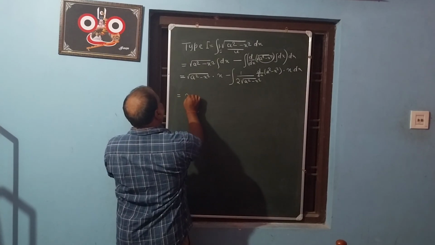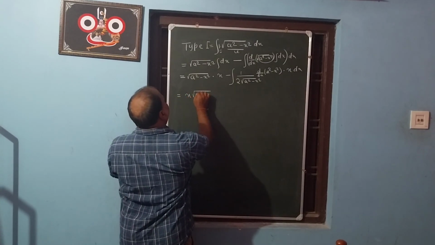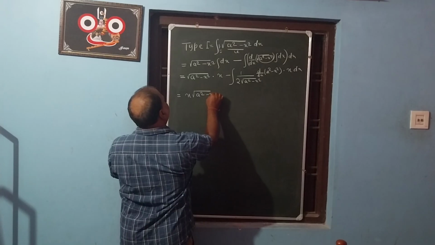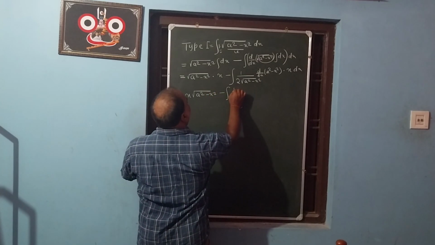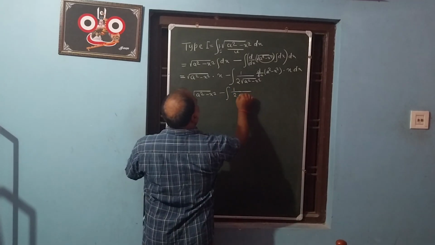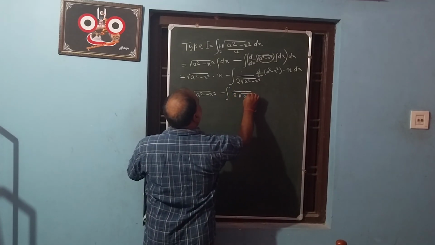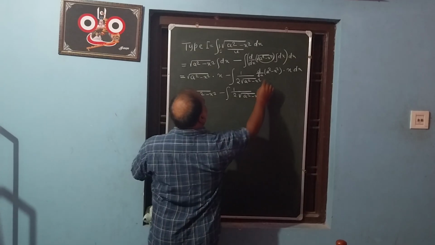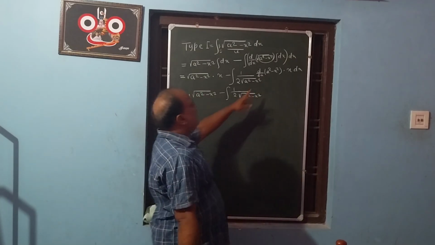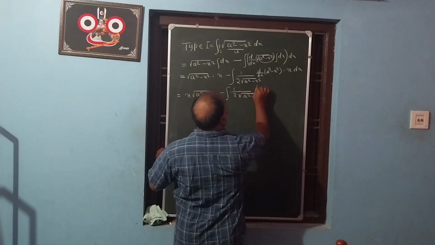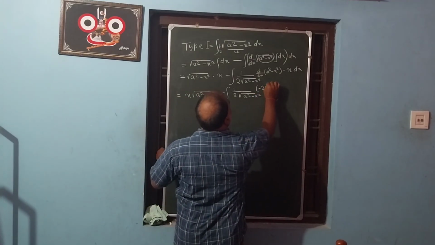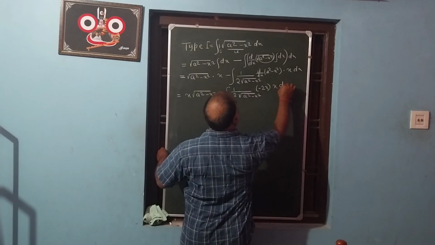So here we take x root over a square minus x square, minus integration of 1 by 2 root over a square minus x square, the derivative of a square constant is 0 and the derivative of x square is minus 2x, into x dx.